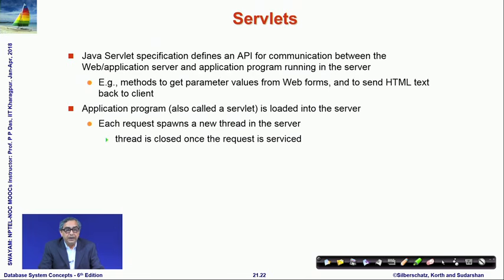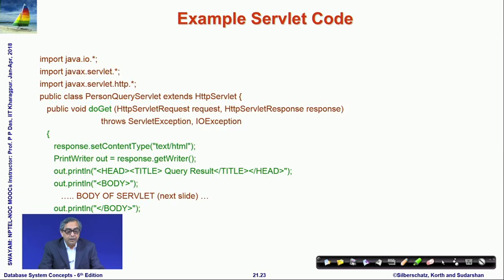It is a kind of application program, and every time we make a request, the server spawns a new thread, and in that thread this servlet would be running, and once the request is serviced, that thread will be closed.